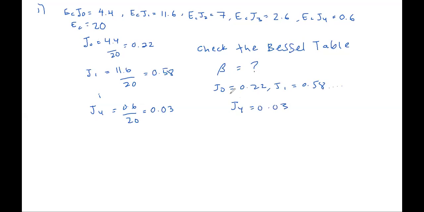And you can also check that you have one carrier and n equal to 4 sideband pairs.